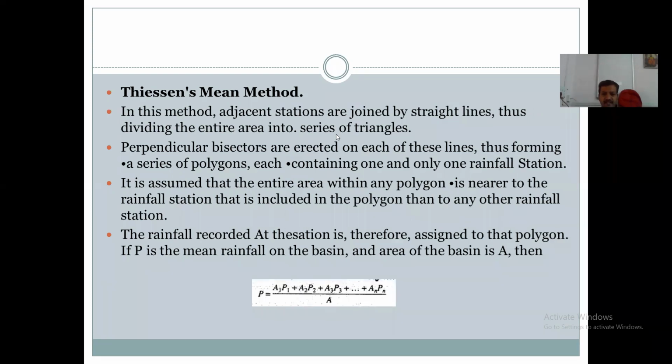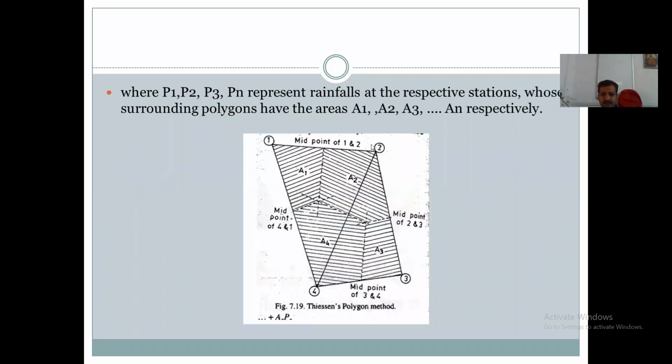So these rain gauge stations are joined together. The midpoint of 1 and 2 is taken here. The midpoint of 2 and 3 is marked here. The midpoint of 3 and 4 is marked here.